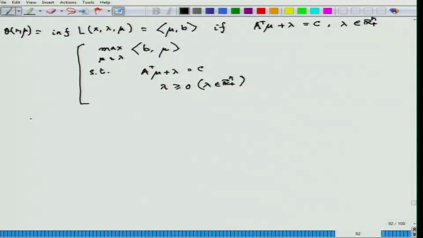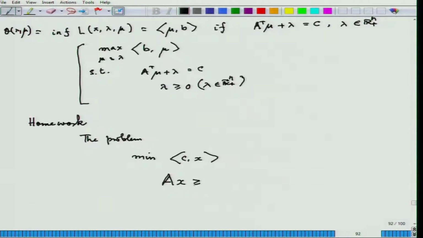Now, I will give you a homework. The problem is the linear programming problem: minimize Cx, Ax is bigger than or equal to b, x greater than or equal to 0. Another problem is to minimize Cx, Ax. Now, Ax greater than or equal to b here means component wise bigger and component wise lesser.